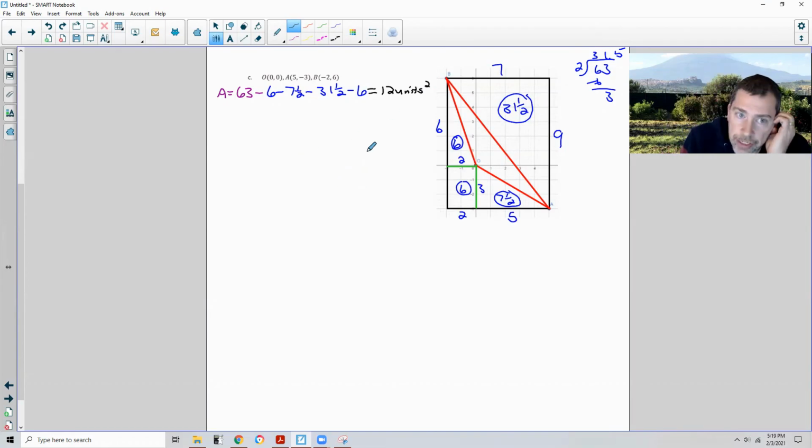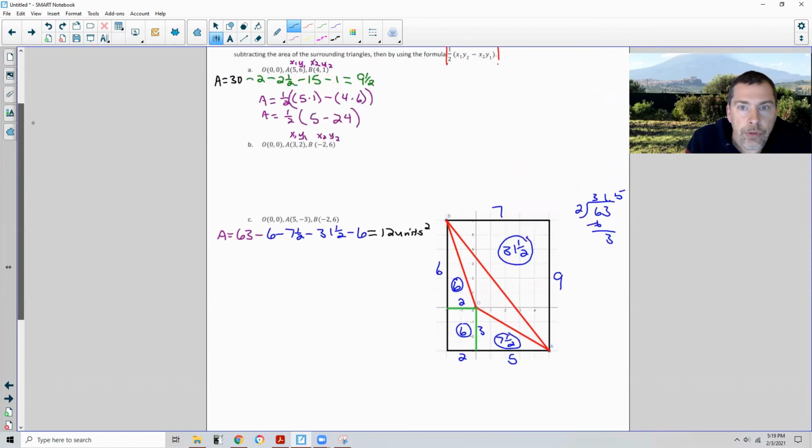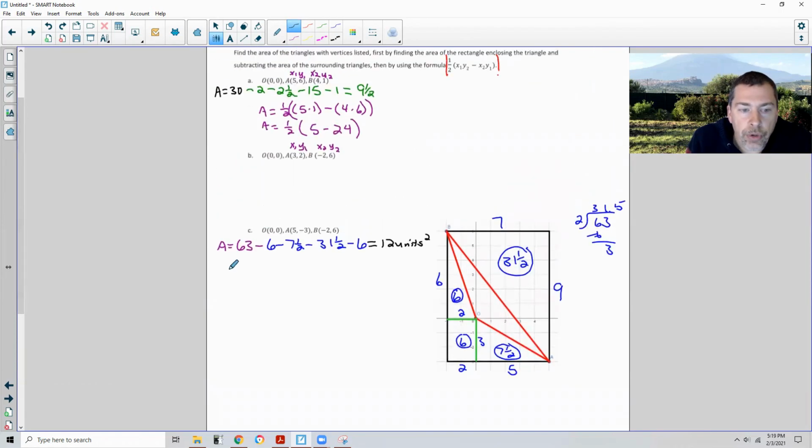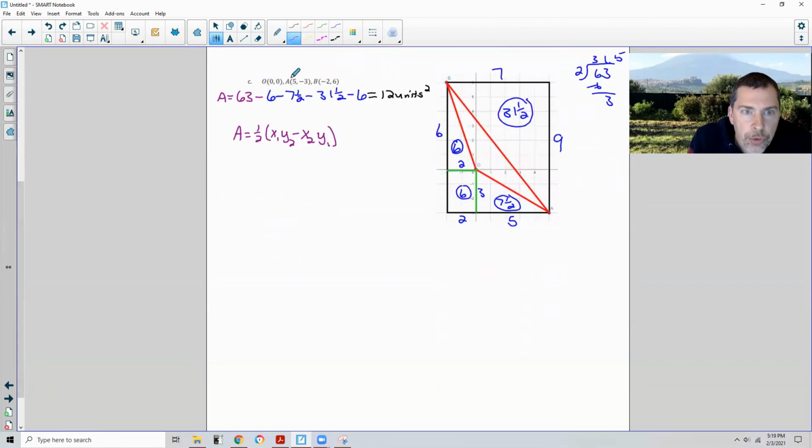Okay, so now we're going to check it with our formula. So I'll write it so I don't have to keep going up here. So A equals 1/2 x1 y2 minus x2 y1. So if we're going counterclockwise, we want to name B first.